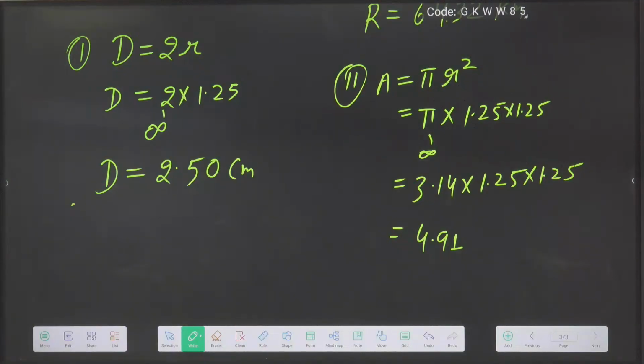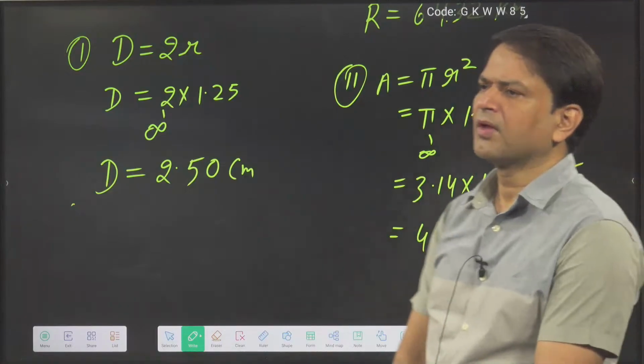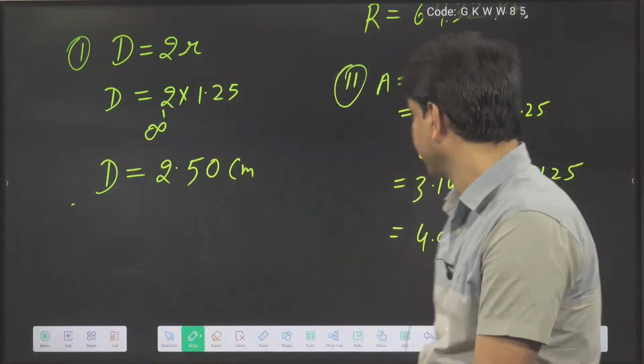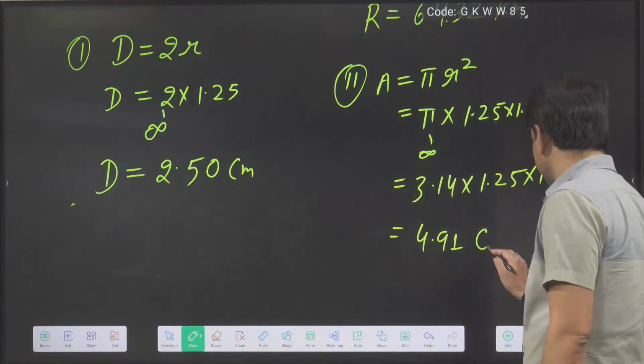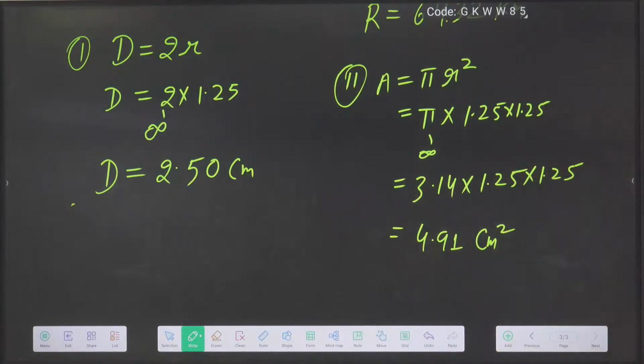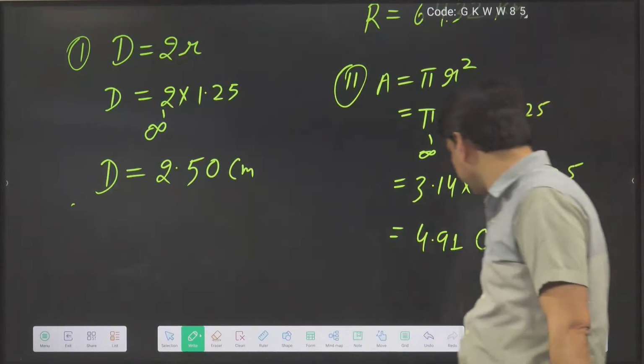What do I have to write? .91 we can say. Okay. Centimeter square. Okay then, so this is completed.